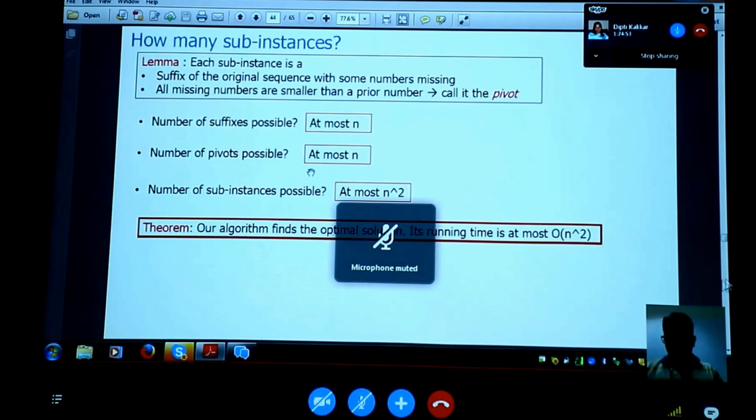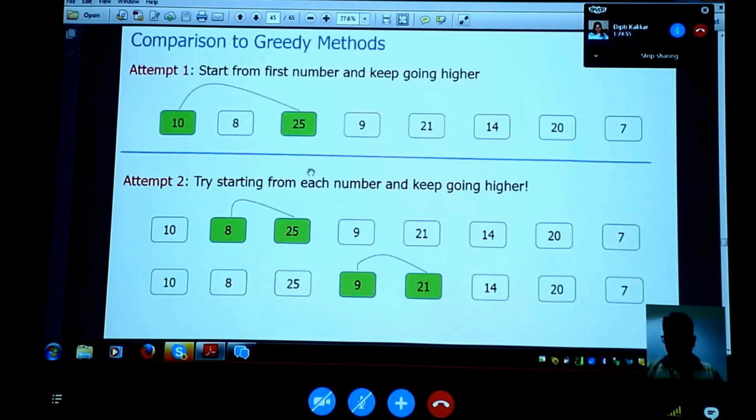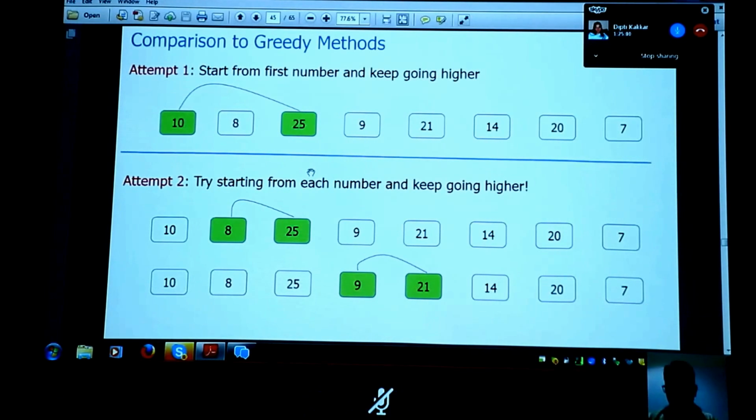So that's it. Now let's compare to the greedy methods. We have done this already, but let's quickly do it. We have already seen what is the issue with the greedy methods. You start from 10, you greedily jump to the next bigger number, which is 25, but you are getting stuck there.